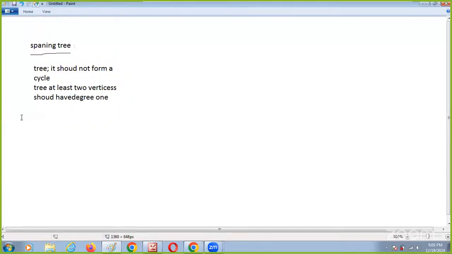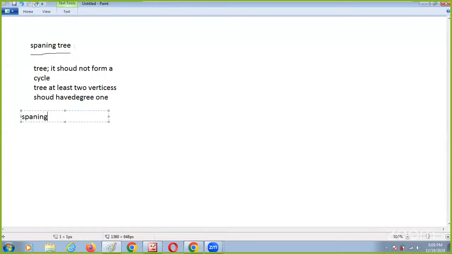Now, coming to spanning tree. If I want to say what a spanning tree is, the basic condition is that it should be a tree.